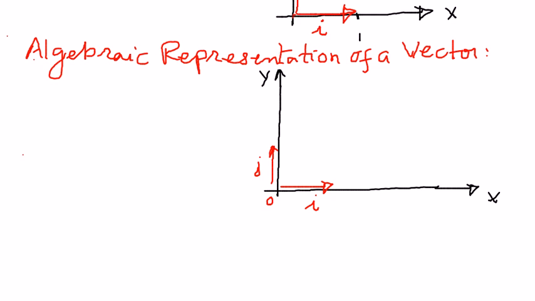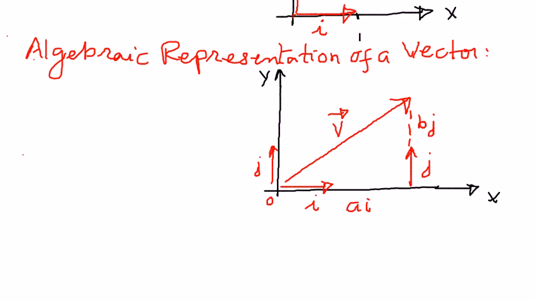I can represent this as a vector which is going in this direction, and the j vector, I can also write like this here. This is the j vector, and if I were to project it all the way up, this is going to be bj, this is going to be ai, and this is the vector. This is how an algebraic representation of a vector can be thought of.